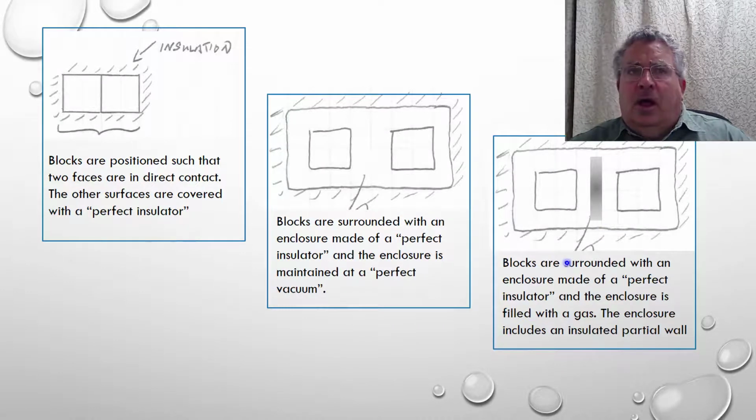Those are our three variations. We're going to refer to the first as heat transfer through conduction, the second as heat transfer through radiation, and the third as heat transfer through convection.